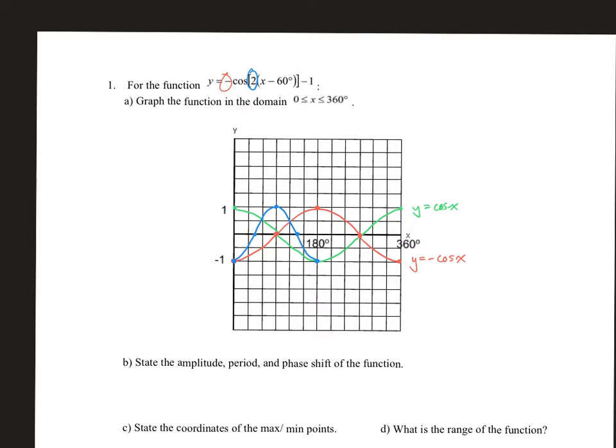We know that we would just stamp that out. So now I'm going to complete both of my last two in one go. I can interpret what a minus 60 on the inside means and what a minus 1 means on the end. So I'm going to shift my graph to the right 60 degrees and then down 1 unit.